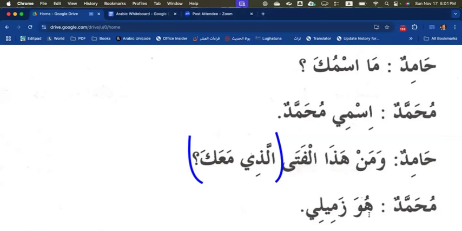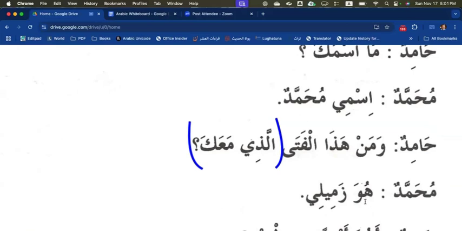So he is saying, Tawfiq, the next line: هو زميلي. He is my colleague. He is my classmate or he is my colleague. Make sense? Everybody clear? Inshallah.